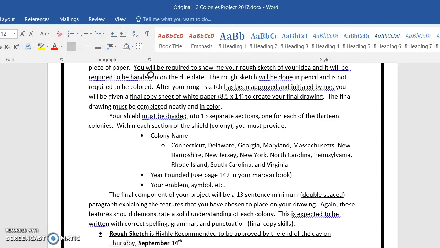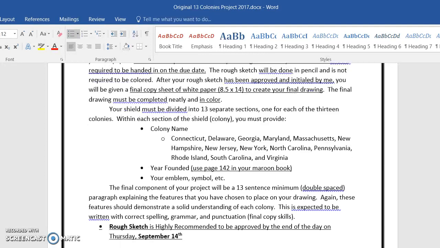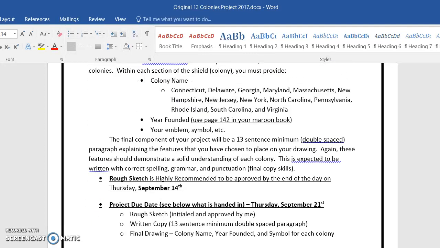Now, the final component of the project is going to be a 13-sentence minimum, double-spaced paragraph explaining the features that you've chosen to place on your drawing. Again, these features should demonstrate a solid understanding of each colony, and this is expected to be written with correct spelling, grammar, and punctuation. So basically what we're looking for here is final copy skills.